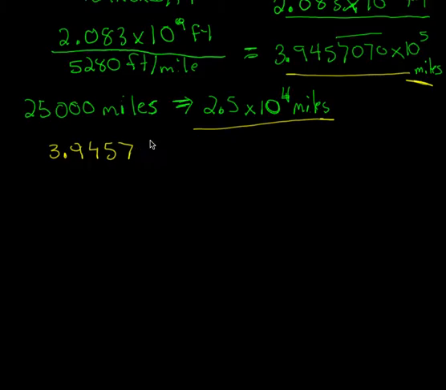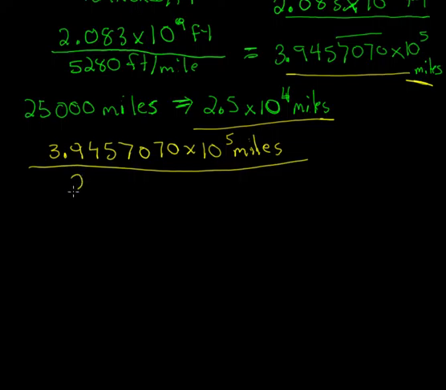I tend to like to round for final answers. Times 10 to the 5th miles, divided by 2.5 times 10 to the 4th miles.